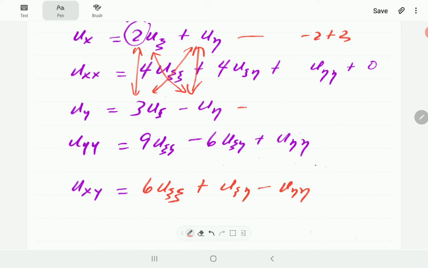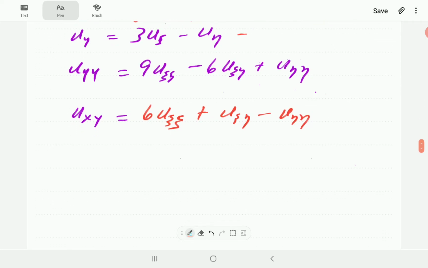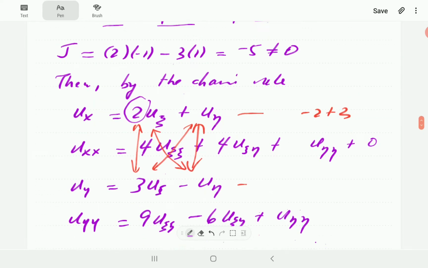We now have all the derivatives, so we're going to substitute into the PDE. So the PDE becomes, so the first term in the PDE, remember, is 3uxx.